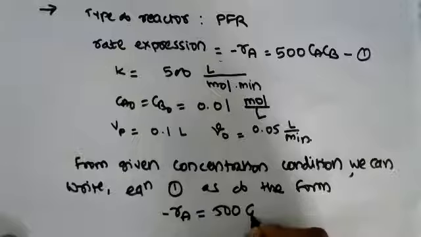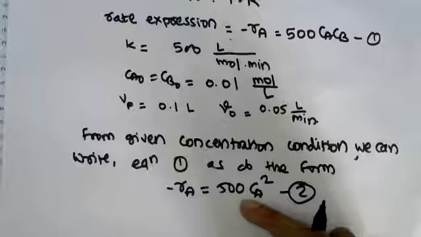Both the initial concentrations are the same, and therefore you can replace it in terms of a single concentration variable, that is Ca, and in place of Cb if you write Ca, then it becomes Ca square. Even if the rate expression is reduced to this form after suitable assumptions based on the data given, the integrated form of the rate expression reduces to a very simple form.